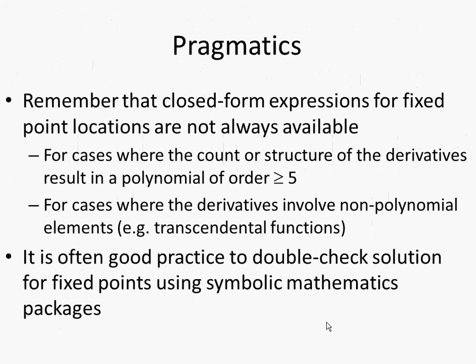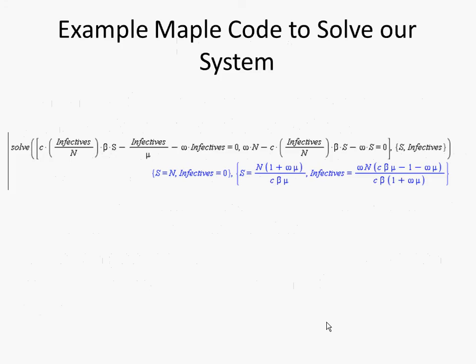The second issue is it's really good practice to double-check solutions for fixed points using symbolic mathematics packages. So here's some Maple code where I use the solve function. For some of these, you may have to do in Maple with some library name, some package name, and we'll import all the methods for that package. So I'm solving here two equations.